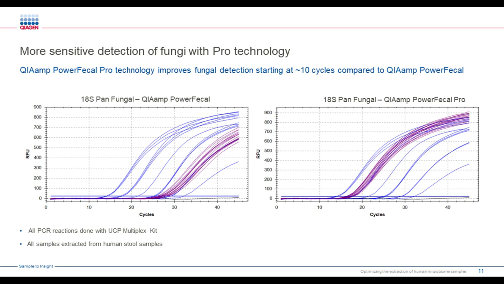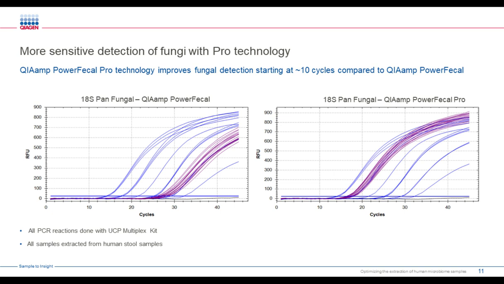And I mentioned as well that you can do fungal sequencing, fungal PCR. This is here a fungal PCR look using an 18S pan-fungal assay. And again, moving to our new chemistry, to the PowerFecal Pro chemistry compared to the legacy chemistry, we see a dramatic improvement in the extraction of fungal DNA.